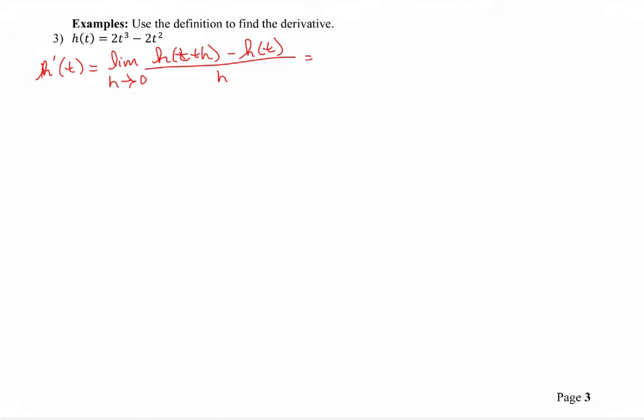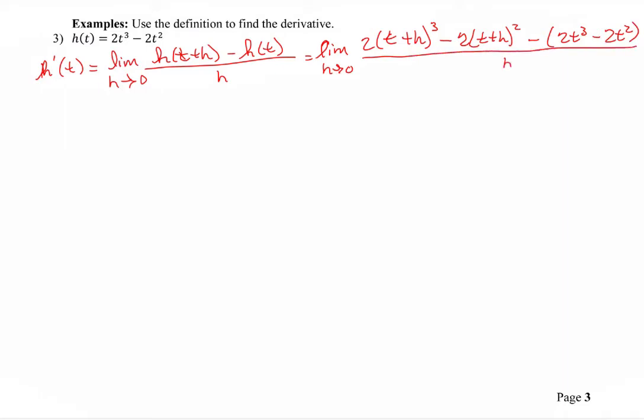So that equals the limit as h goes to 0 of 2 times (t plus h) cubed minus 2 times (t plus h) squared minus 2t cubed minus 2t squared, all over h.